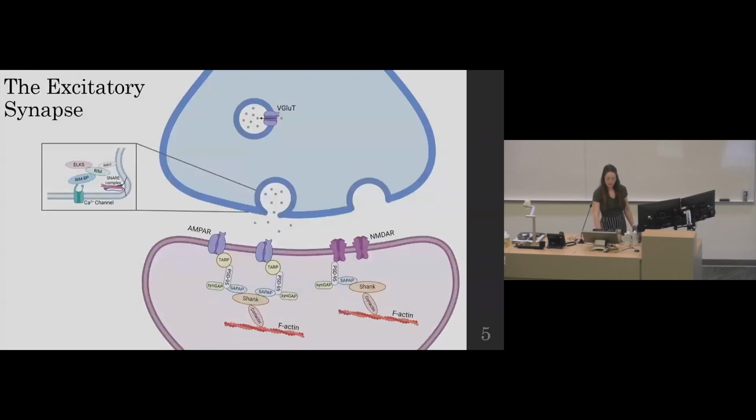So these excitatory synapses in this circuit are all made up of the same basic components. These components include a presynaptic terminal, where glutamate is packaged into vesicles via a vesicular glutamate transporter before fusing with the cell membrane in the active zone via calcium-dependent release with the support of the SNARE complex, as well as multiple different scaffolding proteins, which include ELKs and RIM, which are located at all presynaptic sites.